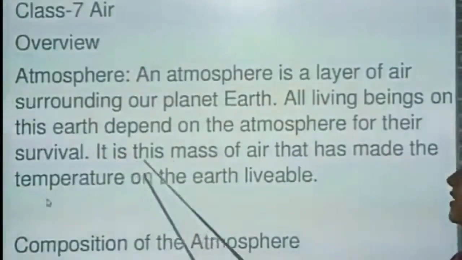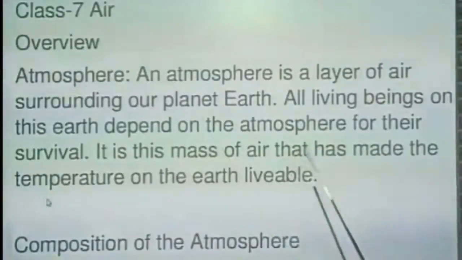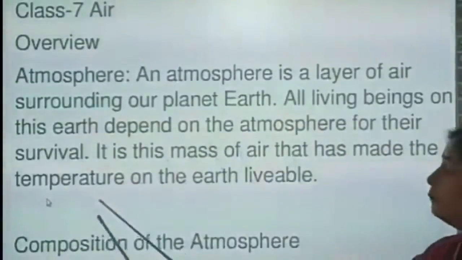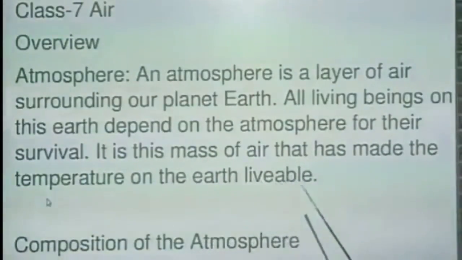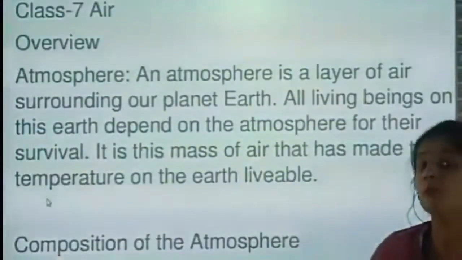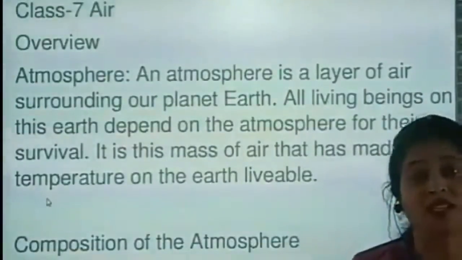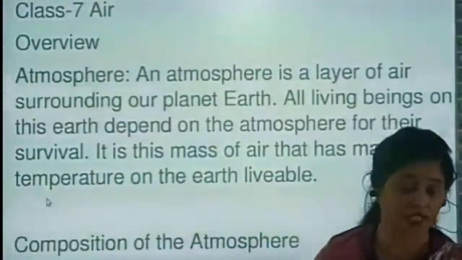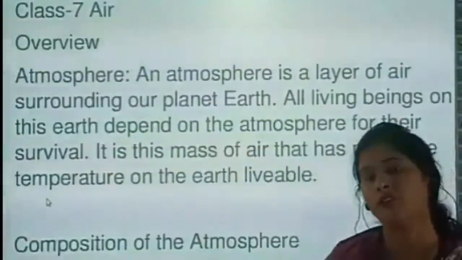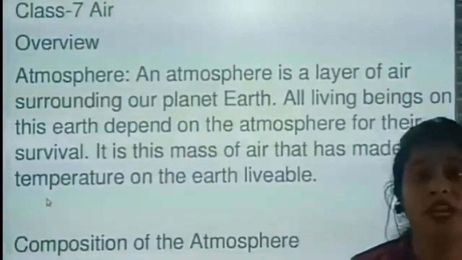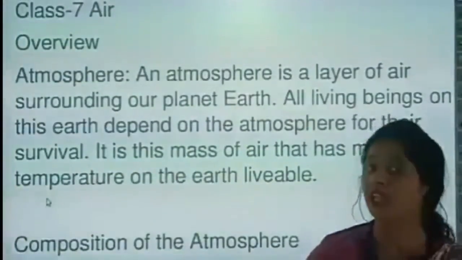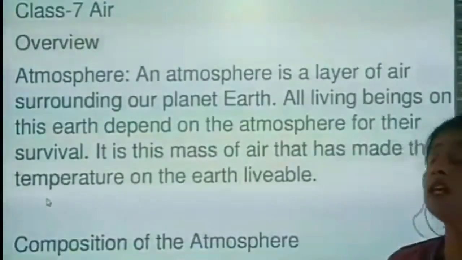It is this mass of air that has made the temperature on the earth livable. The gases in the air present in the atmosphere give us survival and make our earth livable. It means we can live on our earth because of the atmosphere.